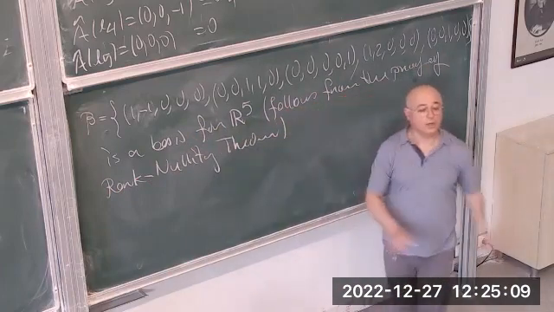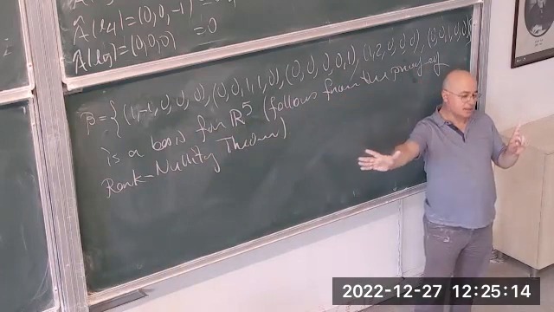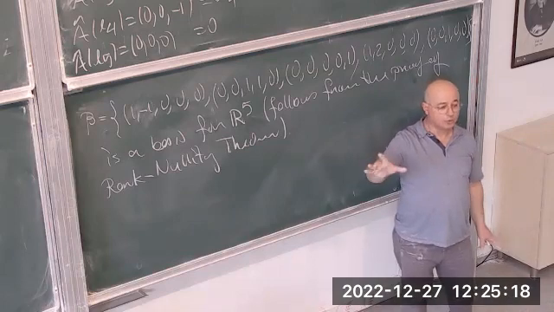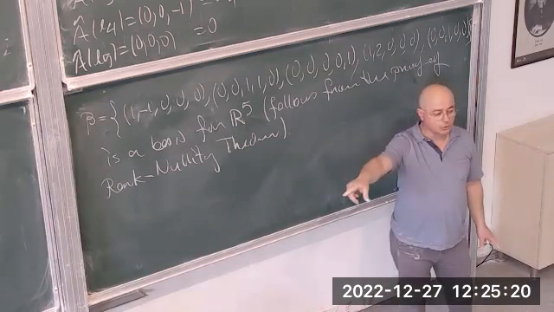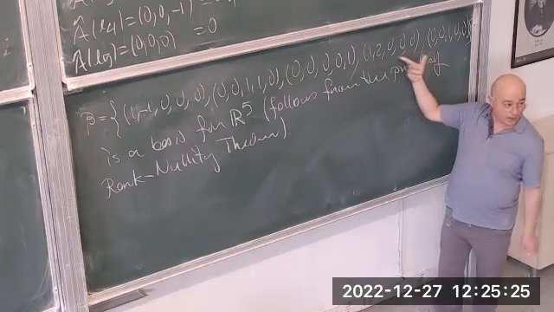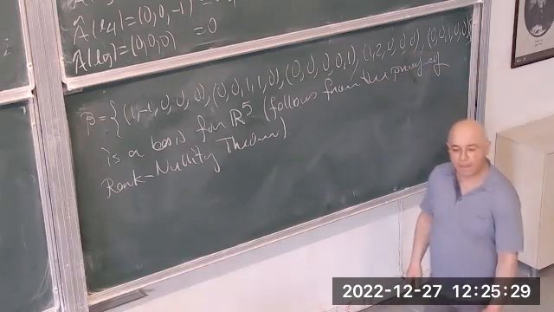Orada da tam bu fikri kullanmıştık. Kernel'ın bazını aldık, sonra onu extend ettik bir basis'e. Sonra dedik ki extend ettiğimiz o vektörler imajın bazı. Burada da aynı şey. Bunlar extend ettiğimiz vektörler imajın bazı. O zaman bu bir basis. Tamam mı?